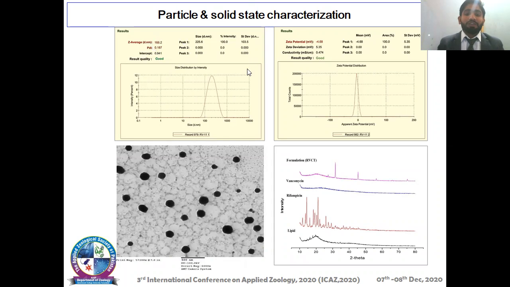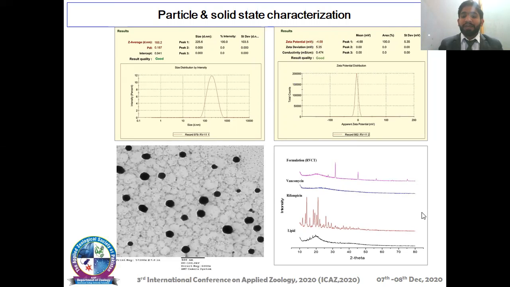To support the result of zeta analysis, below is the figure of the transmission electron microscopy, which indicates that particles have uniform boundary, are uniformly distributed, and are circular. Zeta potential had a negative charge due to the negative charge of Phospholipon G used in the formulation.